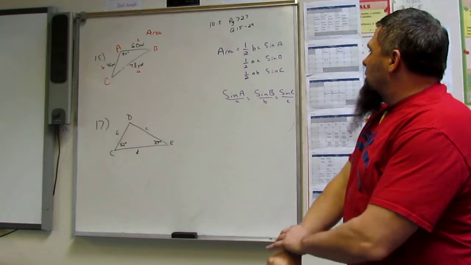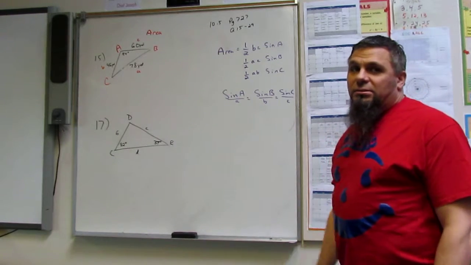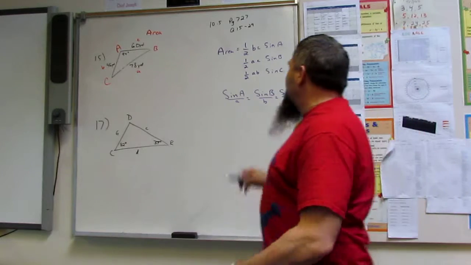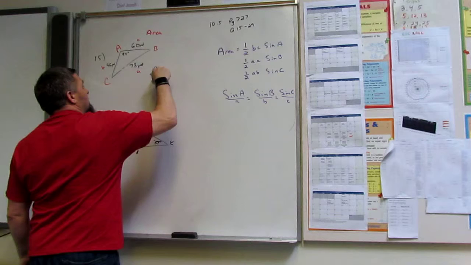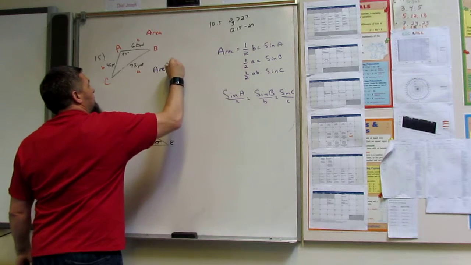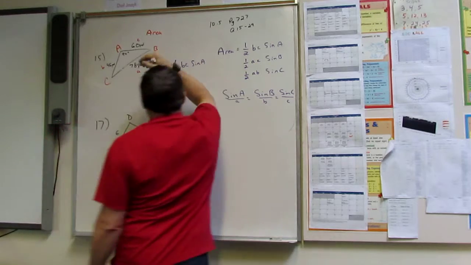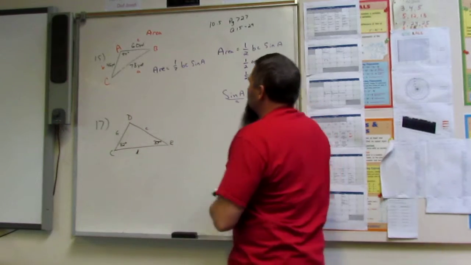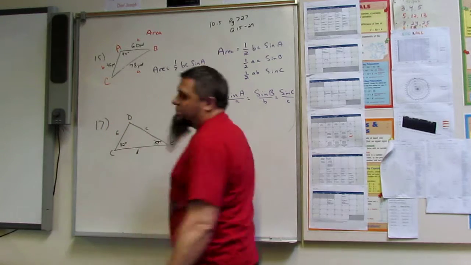So in this case, they're giving us A, right? So we're going to use the area is equal to 1/2 bc sine A. And in this case, we're using sine of 94 degrees.